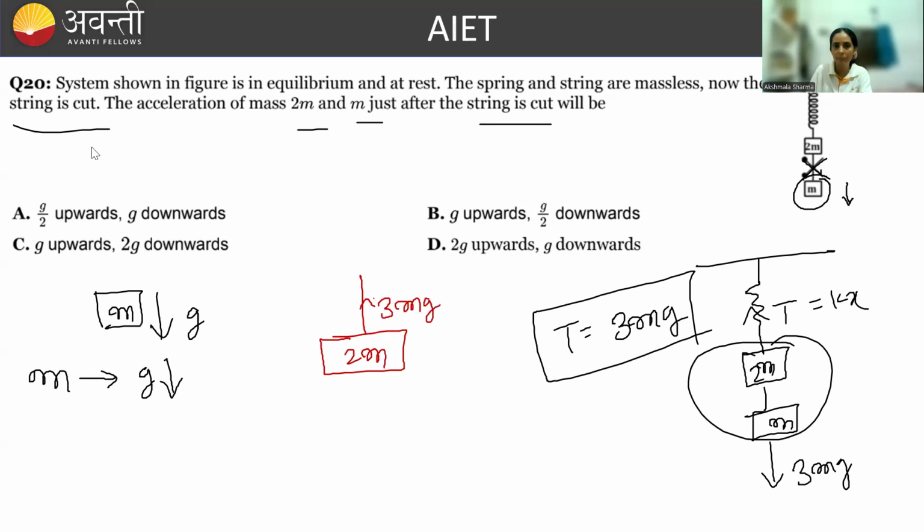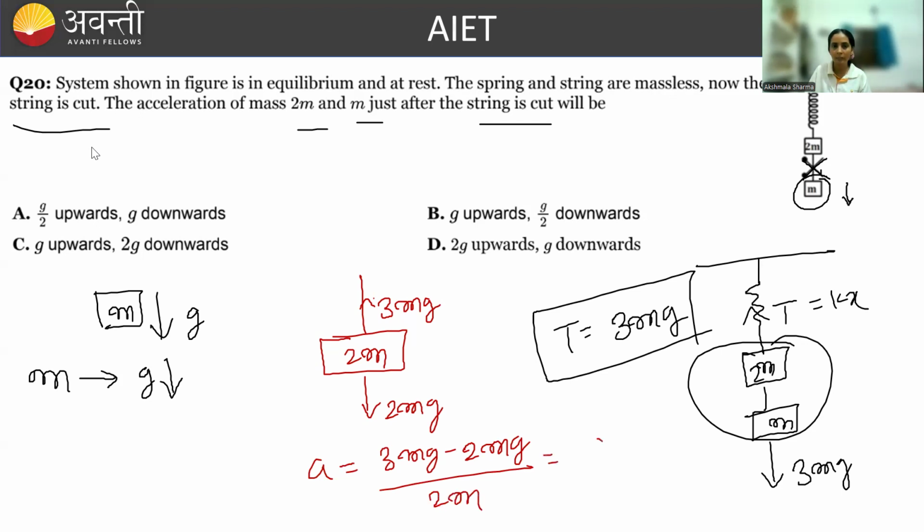So let's say 3mg, and in the downward direction, gravitational force will act 2mg. So net force on it is acting in the upward direction. How much? 3mg minus 2mg. This is the net force. So acceleration will be net force by mass. So this is equal to g by 2. So for 2m, it is how much? g by 2 in the upward direction.